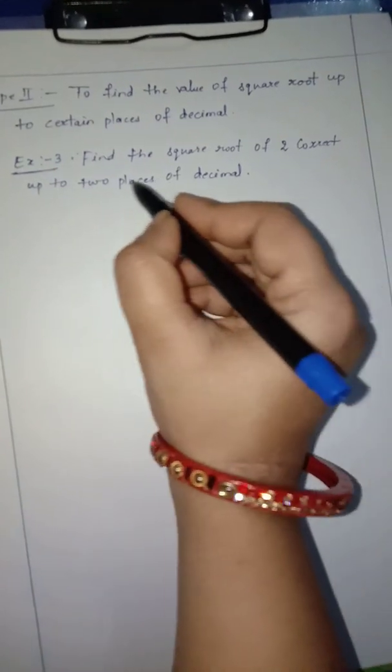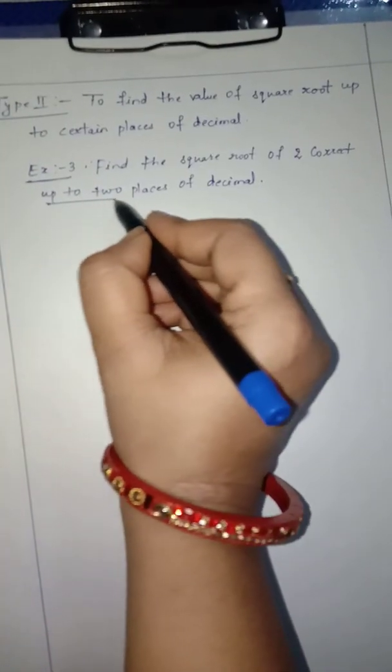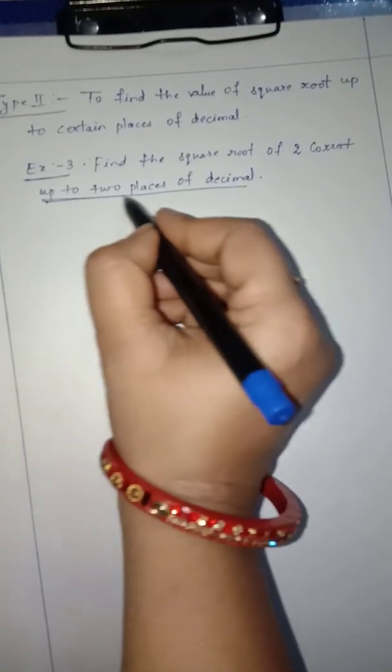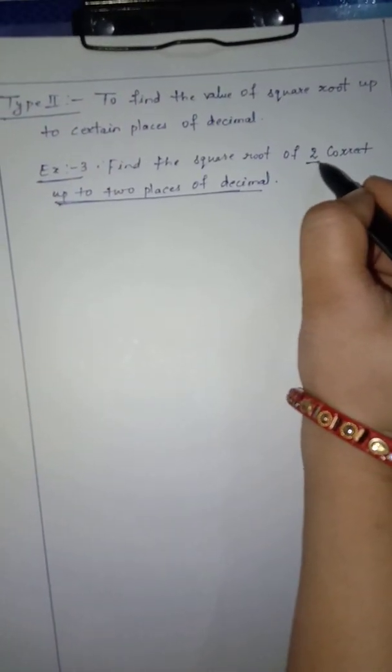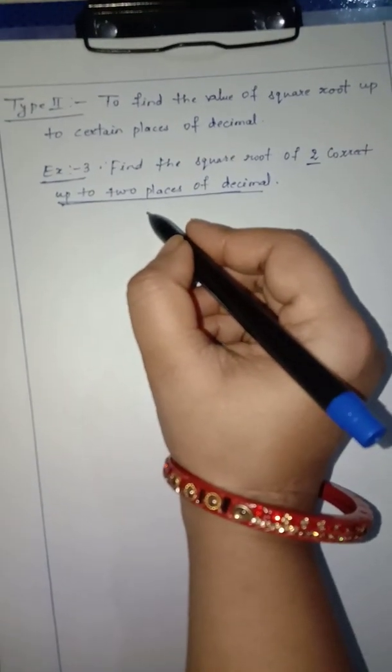We have to find up to 2 places of decimal, and the given number is 2. So here we will apply the long division method.